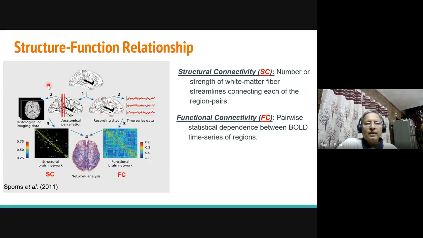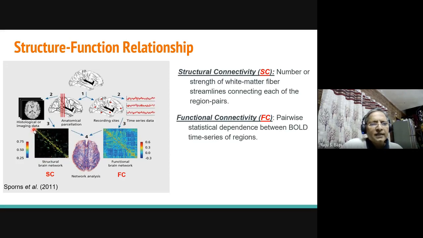So you can do diffusion tensor imaging, DTI imaging, which gives you the fiber tracts that course through the brain and connect different regions of the brain. And you can look at the strength of these or the number of fibers that connect different regional pairs, and you can stack them together in a matrix.